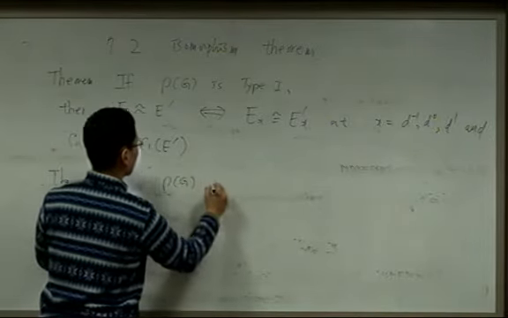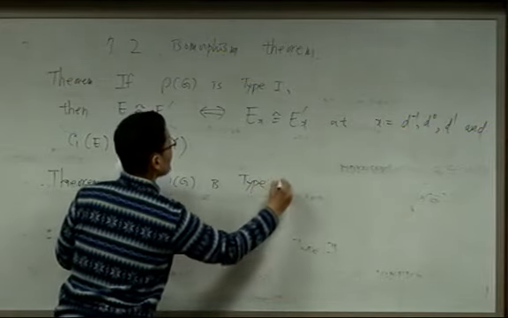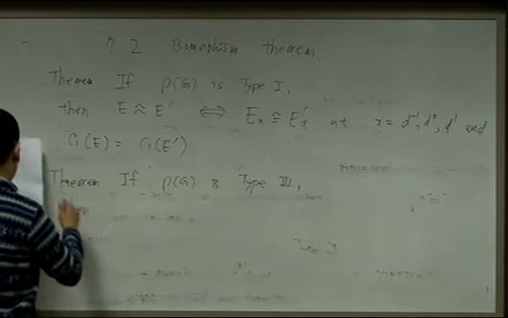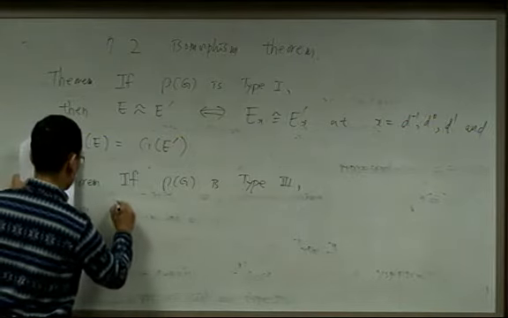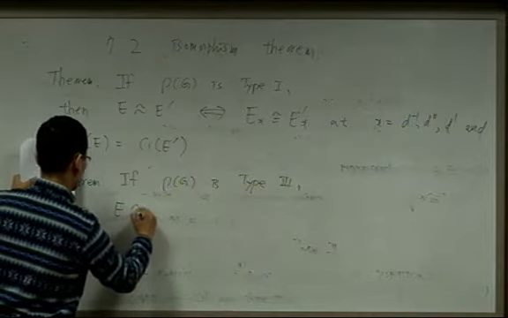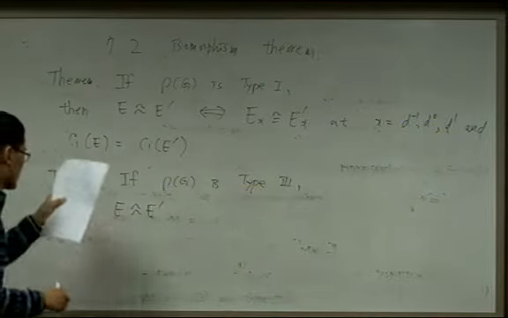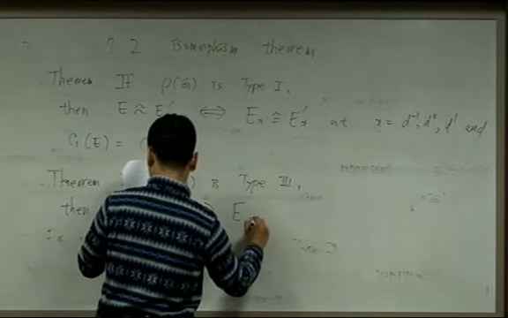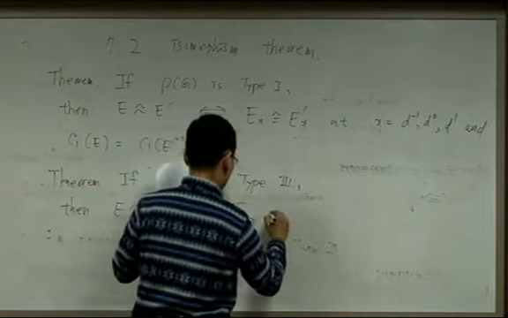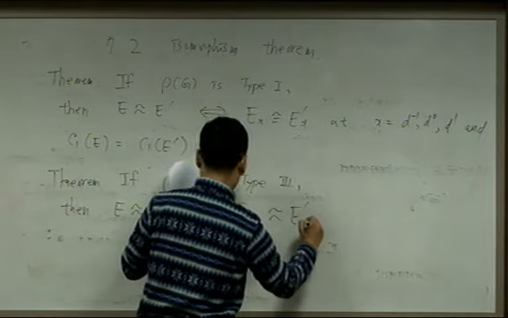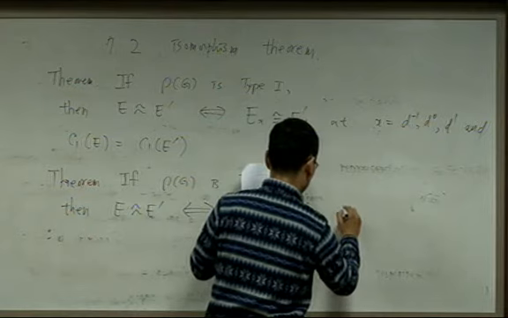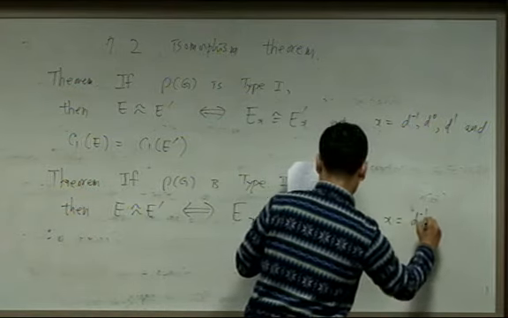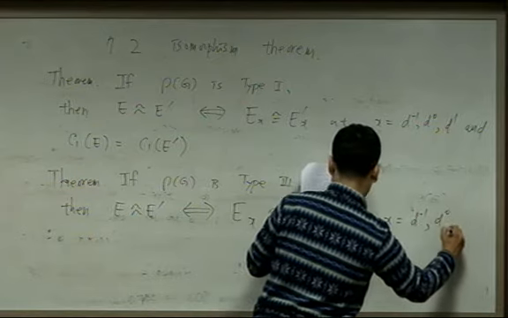If rho(G) is type 3, then two equivariant vector bundles E and E' are isomorphic if and only if their isotropy representations E_x and E'_x are isomorphic at the points x equal to D_-1, D_0.